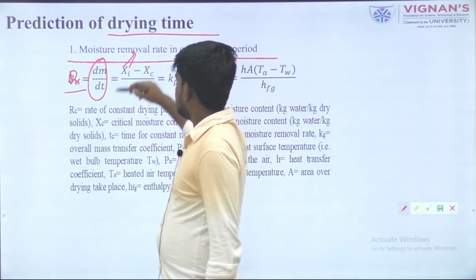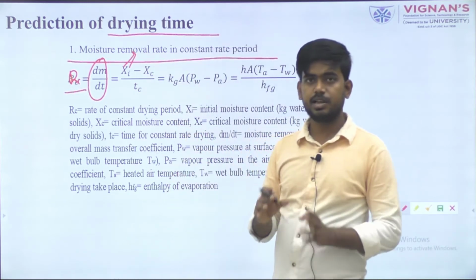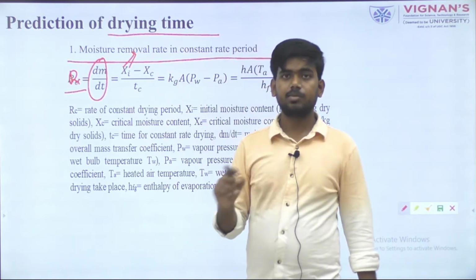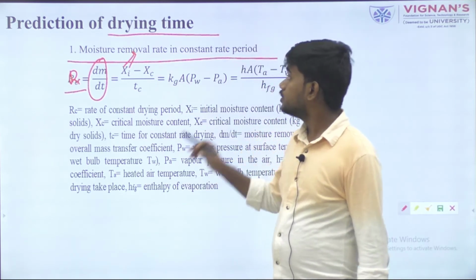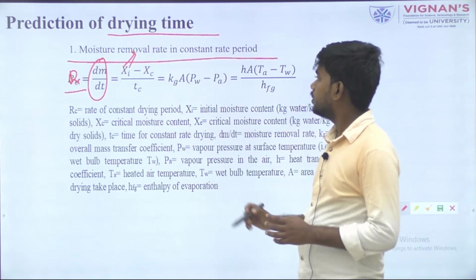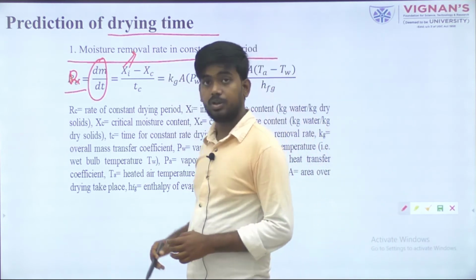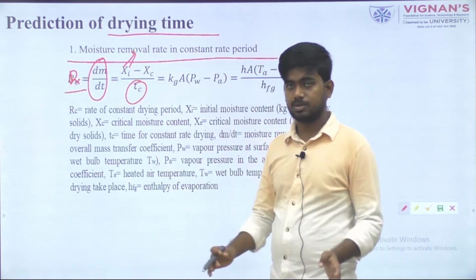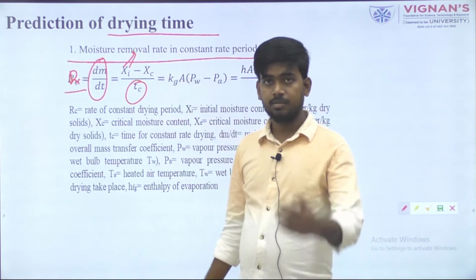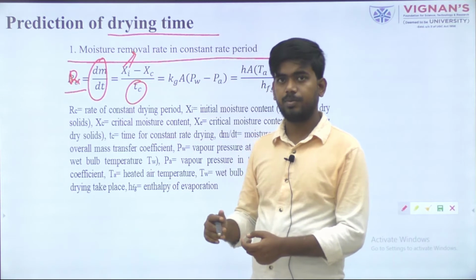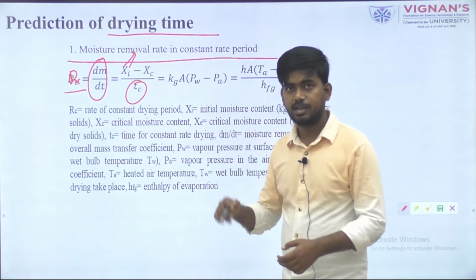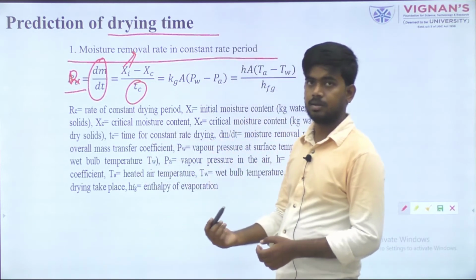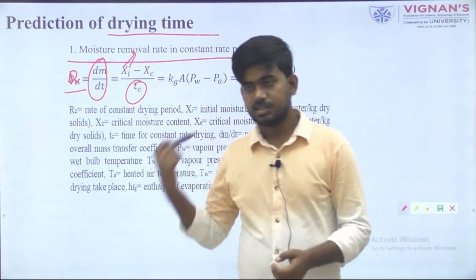Here Xi represents the initial moisture content of the food material, and Xc is the critical moisture content. Subtracting gives us the moisture removed. If we divide it by the time or entire duration, that gives us the rate, meaning the moisture removed in that time. You can express it in terms of minutes, hours, or sometimes seconds.